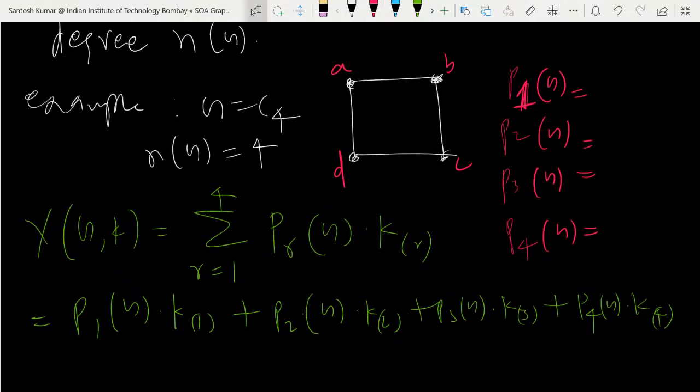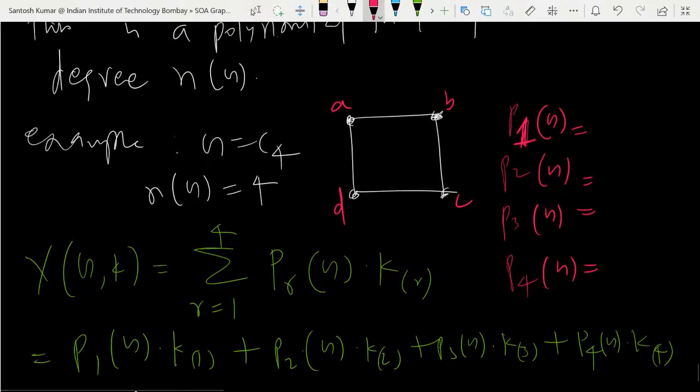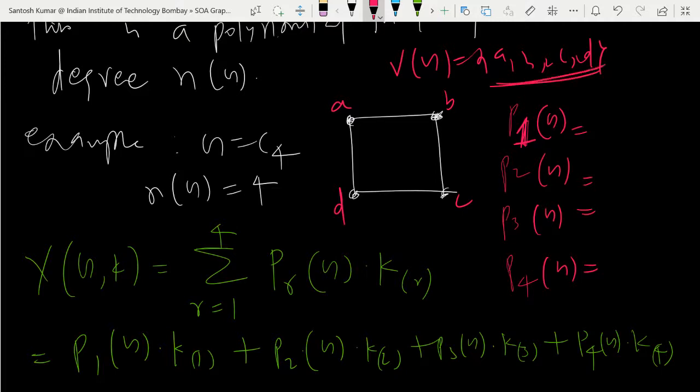Is it possible or not? If you write the vertex set as just one independent set, it will be A, B, C, D. Can we write A, B, C, D as an independent set? No. So that's why the value of P1 is 0.